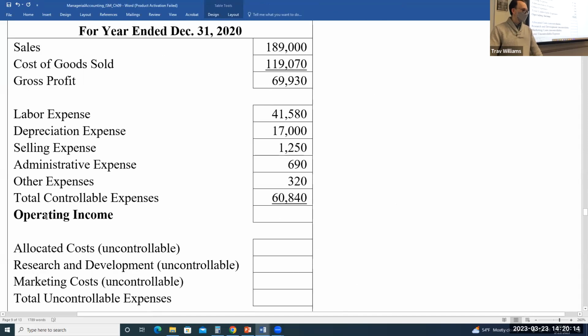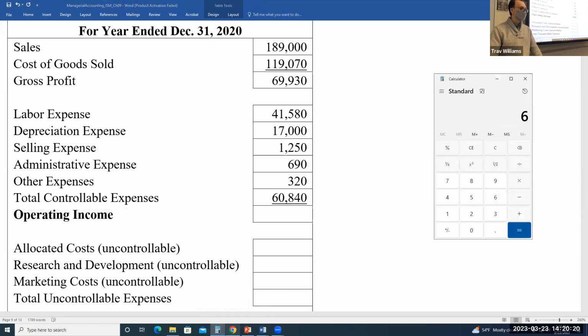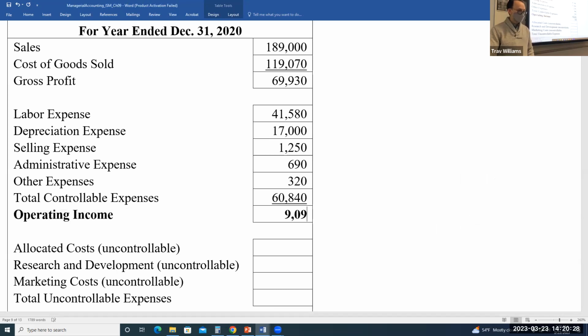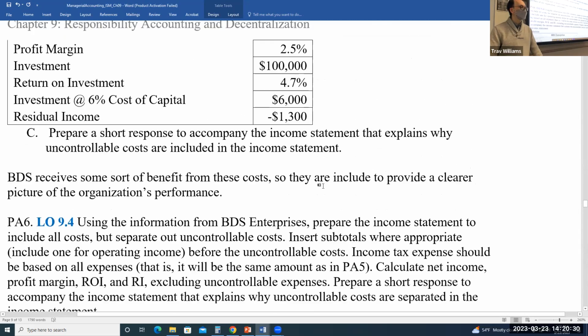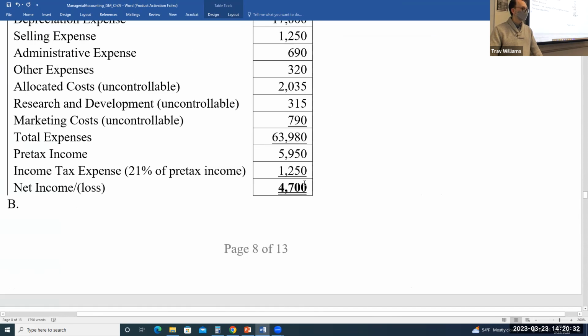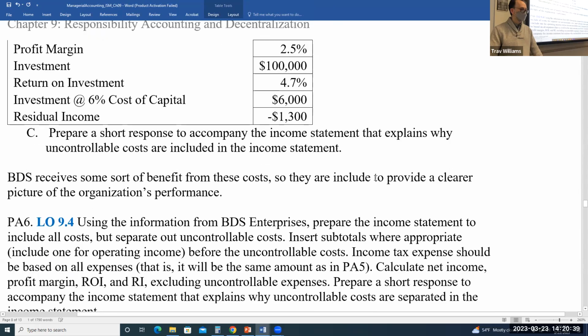And so now to get our operating income, we're going to get a different result, right? Take our gross profit, subtract the controllable costs, get 9,090, which is a lot better than 5,950.